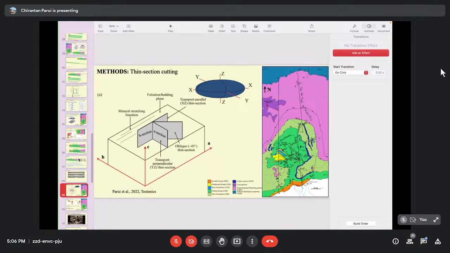So that will be exciting if we can do that. But thank you for pointing out that the strain I have measured is absolutely minimum.